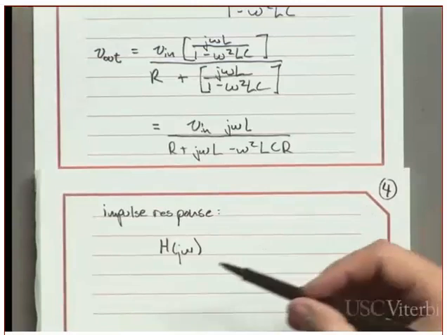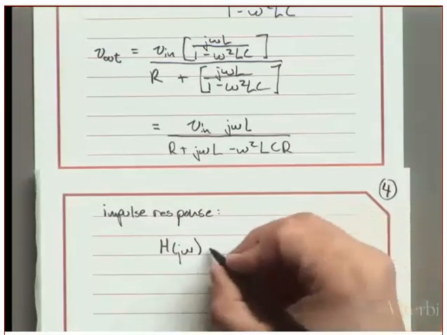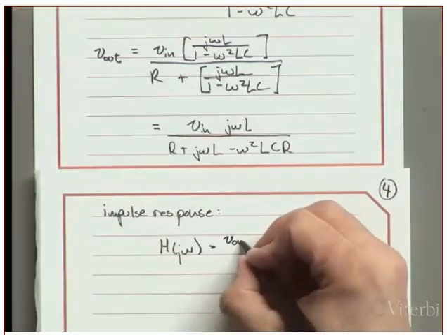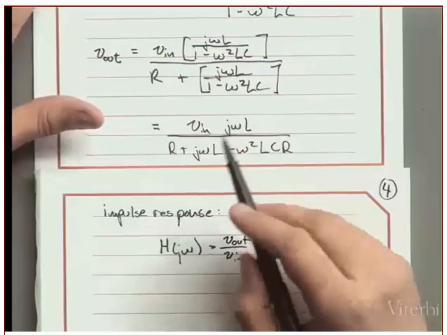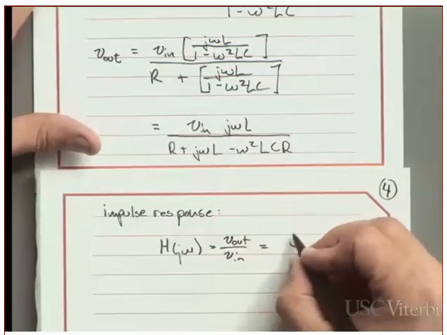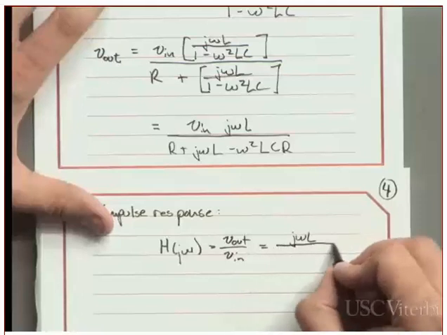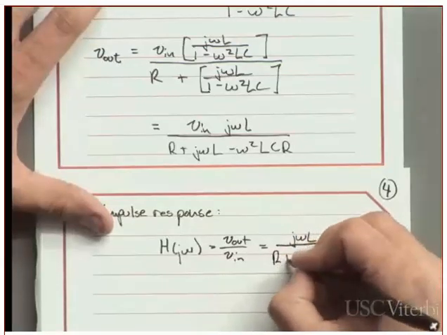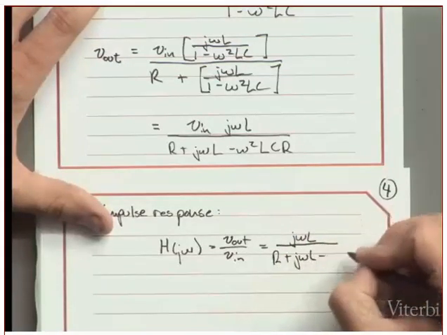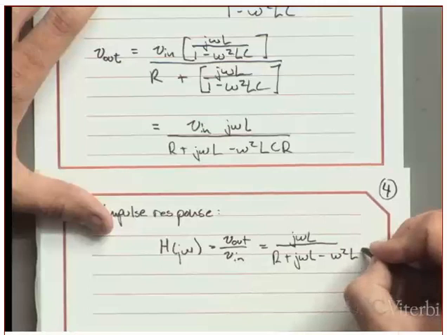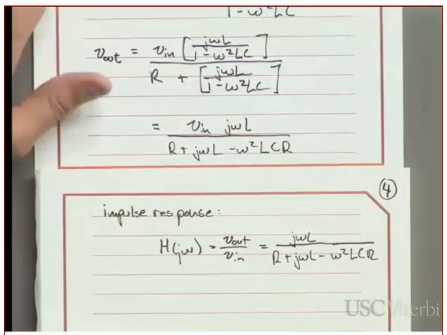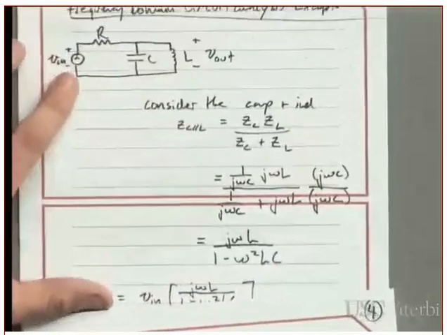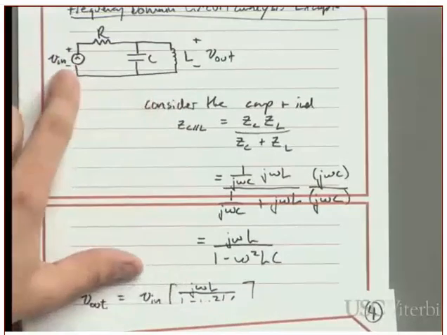You can write just H of omega, and that's fine. But it's basically the output over the input. And for this one that I've done up here, it's straightforward to just write: you have j omega L over R plus j omega L minus omega squared LCR. So that's my impulse response of this system from the input to the output.